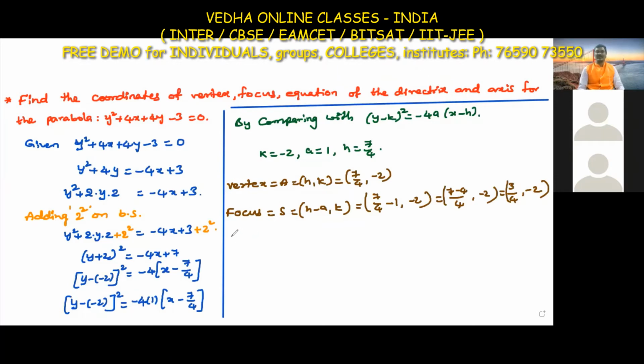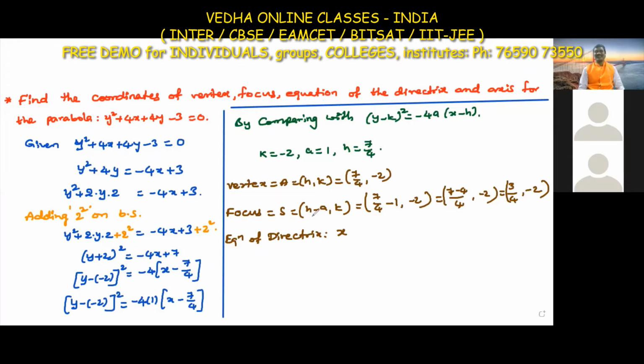Equation of directrix. Okay, so now check this and tell me the equation of directrix. What is the equation of directrix? Anybody? X minus h minus a is equal to 0. A, not k, a. Yes, yes.